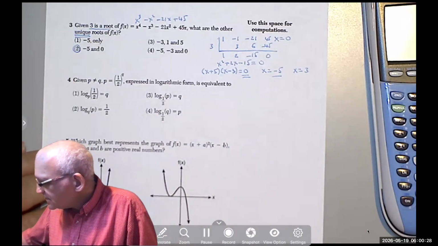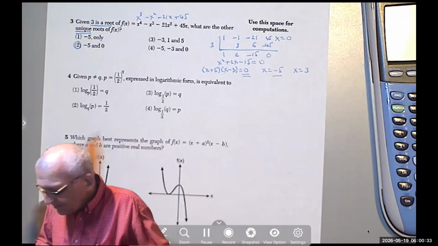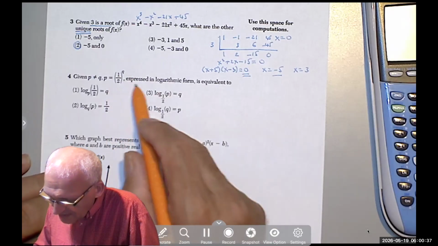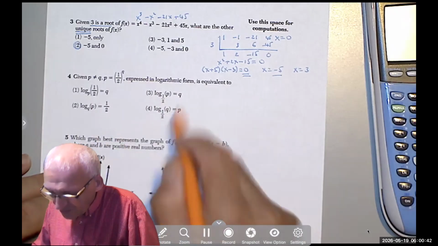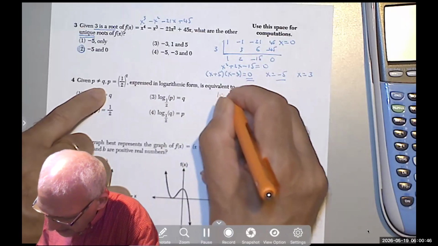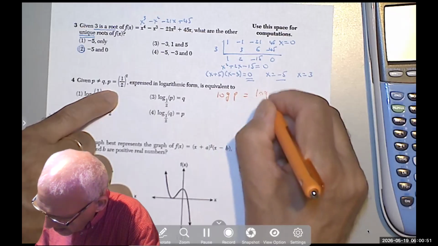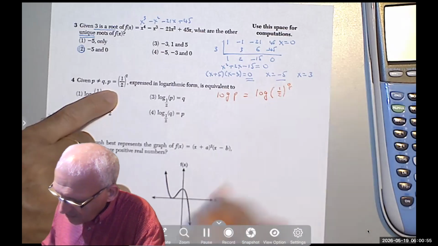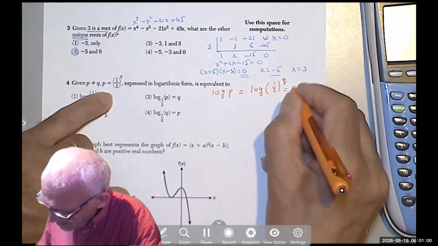Okay. If we move to the next question, it says, given P doesn't equal Q and P equals 1/2 to the power of Q, expressed in logarithmic form, is equivalent to which one of those? So we can take the log of both sides. We get log P equals log of 1/2 to the power of Q. I know that if I take a log of an exponent, the exponent becomes a multiplier.